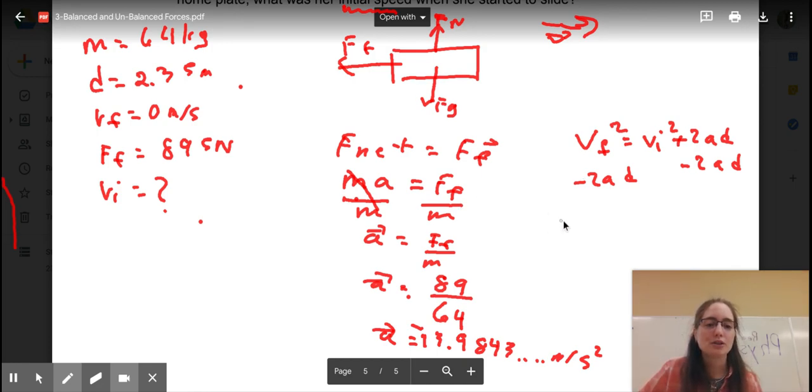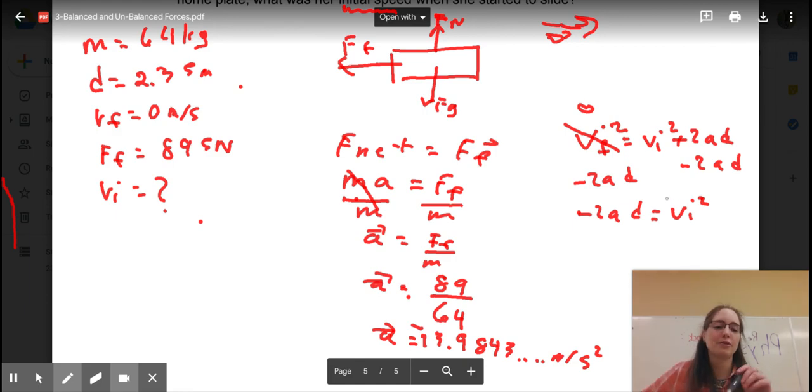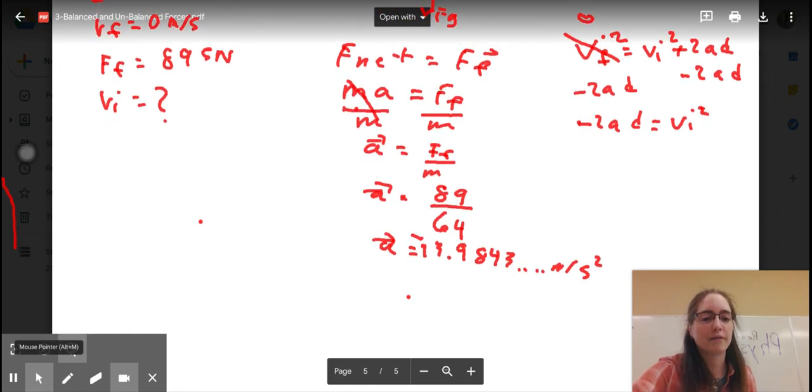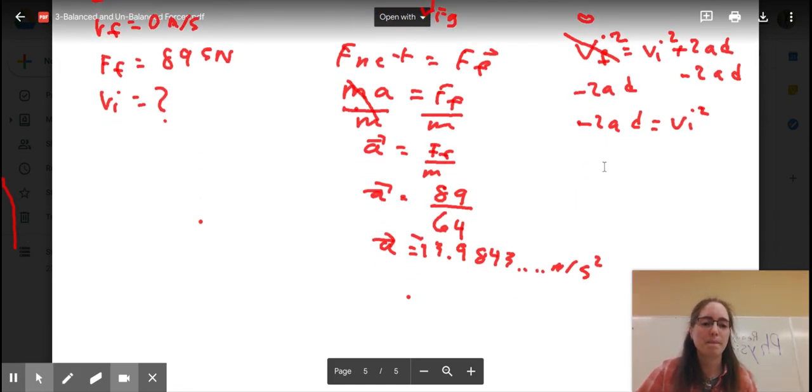Okay. So VF squared is 0. That means when I subtract 2AD from that side, I get negative 2AD equals VI squared. This is where it becomes very important, ladies and gentlemen, to make sure you have that A is negative. I'm just going to scroll down so I'm not writing on my face.